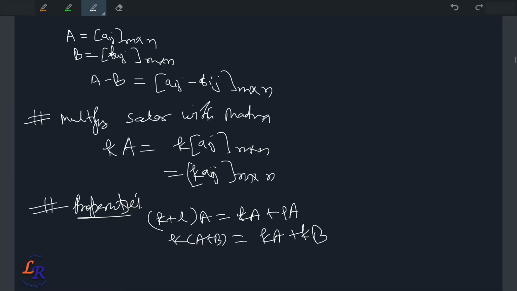And we had also seen about the negative matrix. What was that? If there is a matrix A, then you can get a matrix minus A such that each element becomes the negative of it, right? So each element is getting multiplied by minus 1, and that becomes the negative matrix.